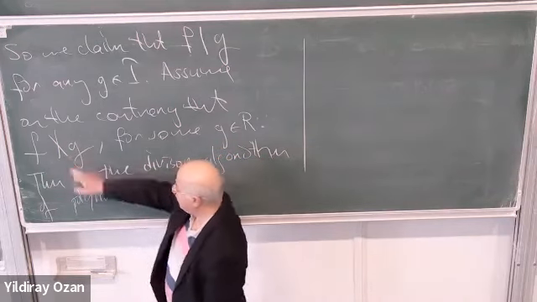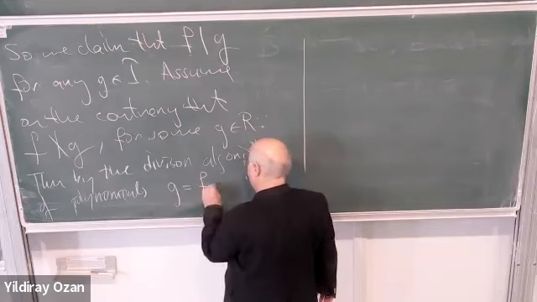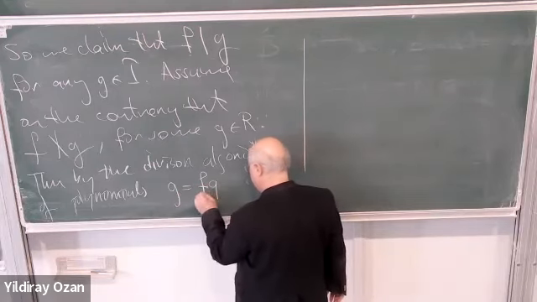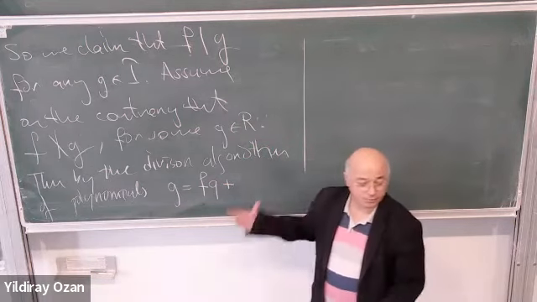If F doesn't divide G, then we can still divide G by F, but there will be some remainder.